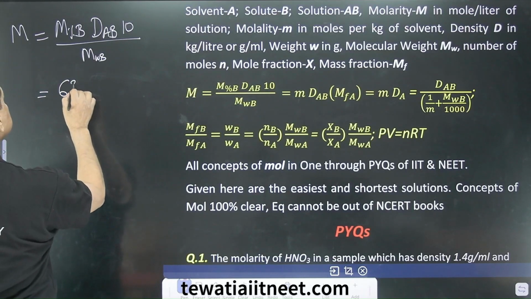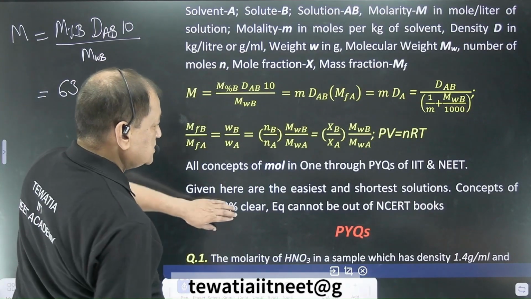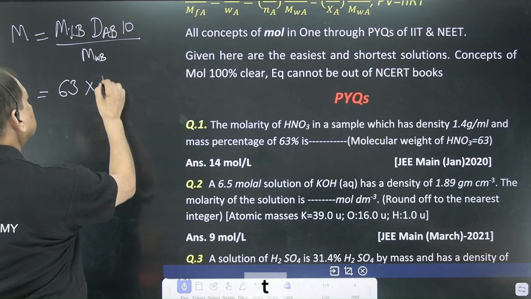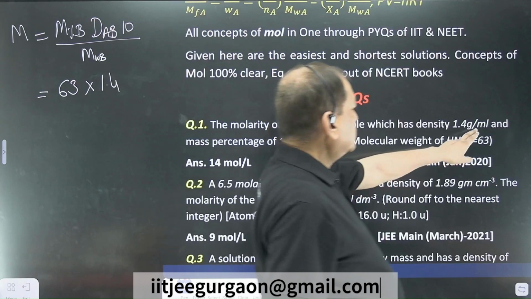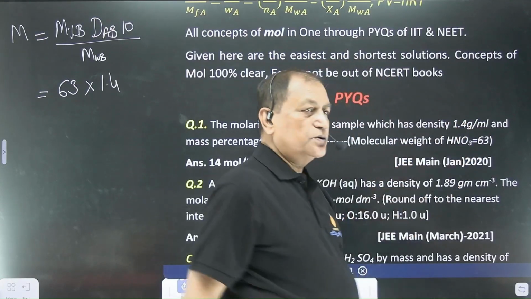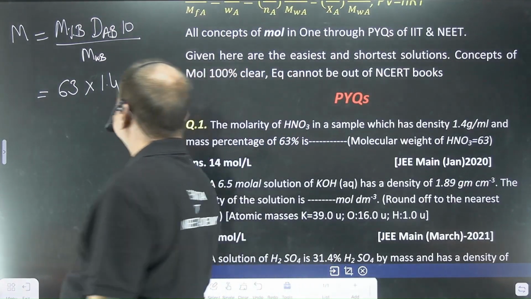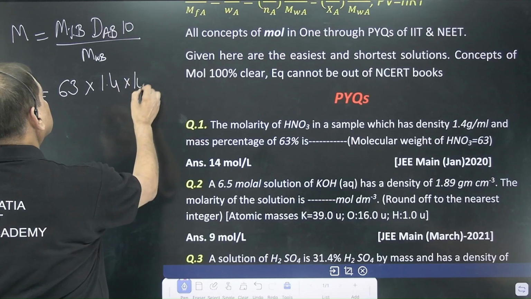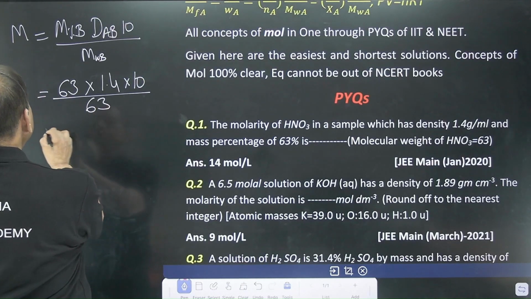Percentage is given, 63. DAB, what is given? 1.4. This 1.4 gram per ml is equal to 1.4 kg per liter. Into 10, divided by molecular weight 63.